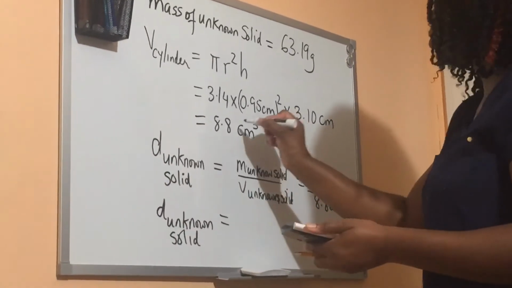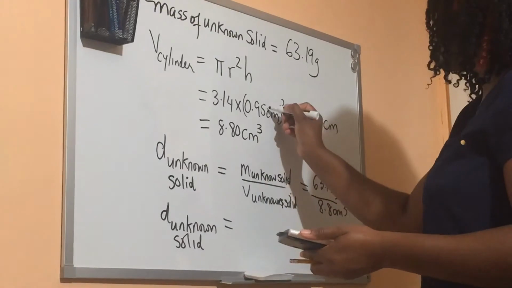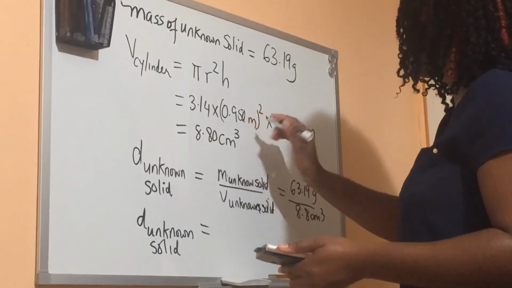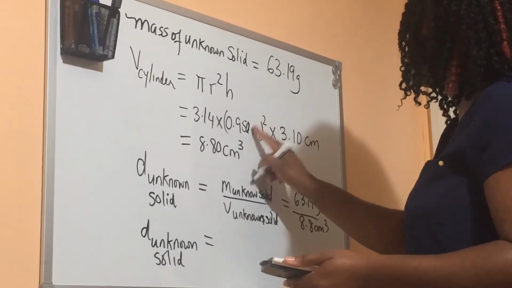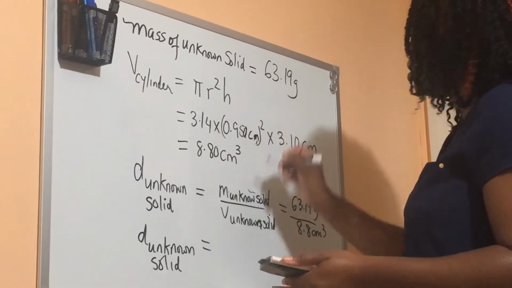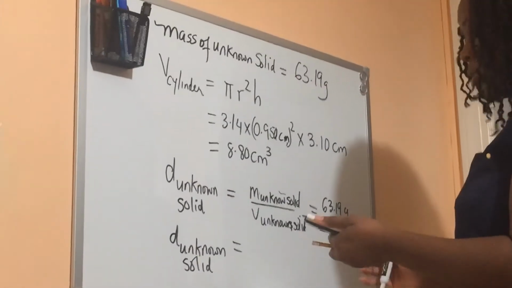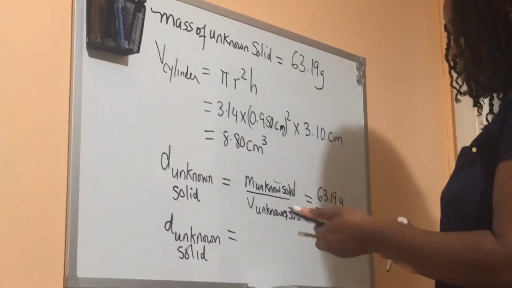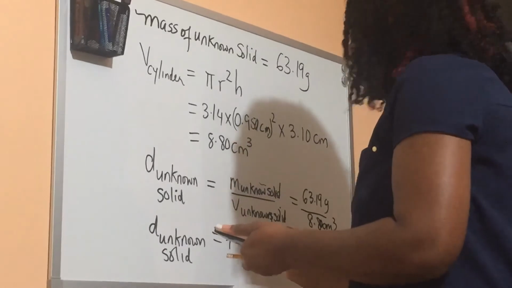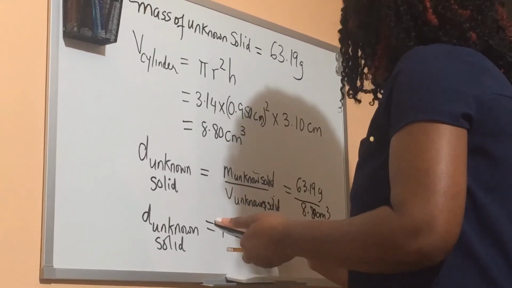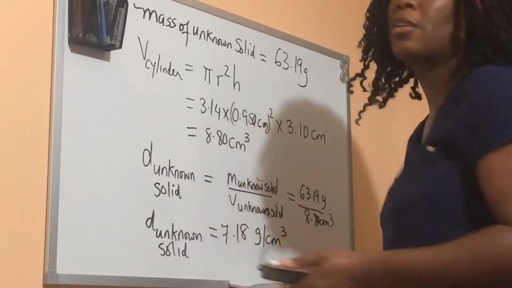Okay, so this is supposed to be 8.80, and this is supposed to be 0.950. And so the density of the unknown solid is 7.18 grams per cubic centimeter.